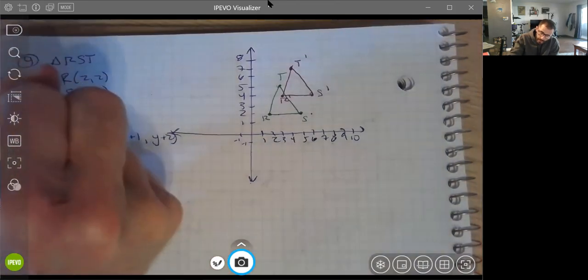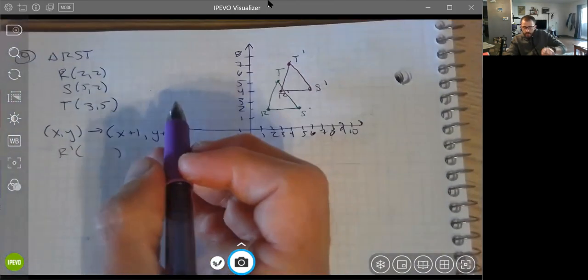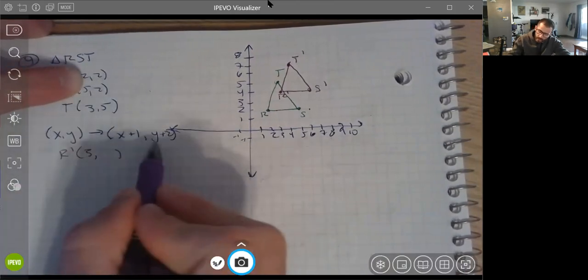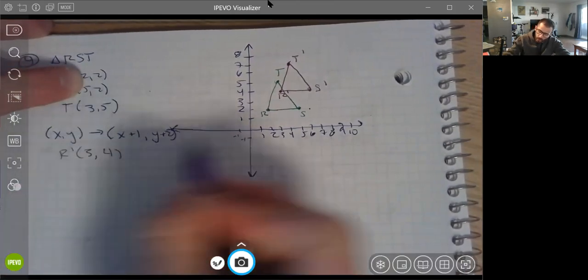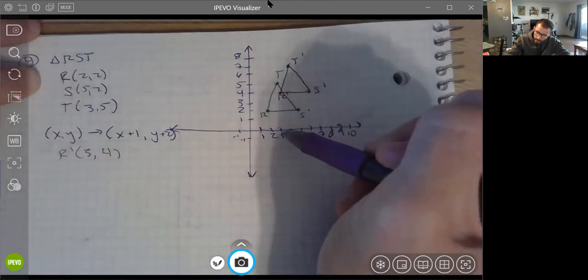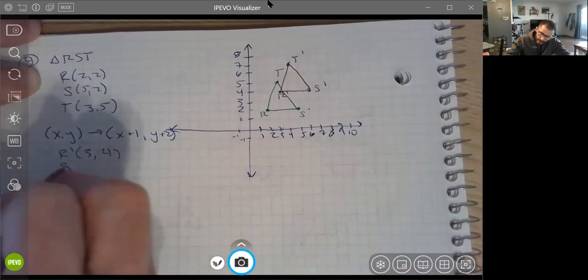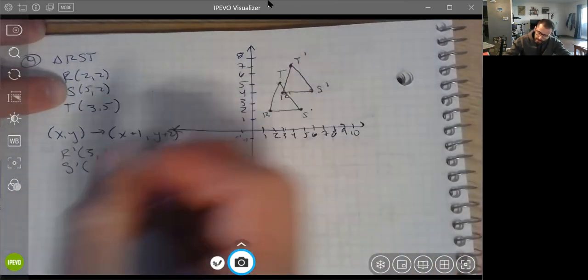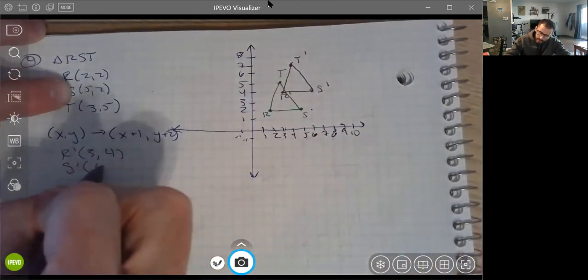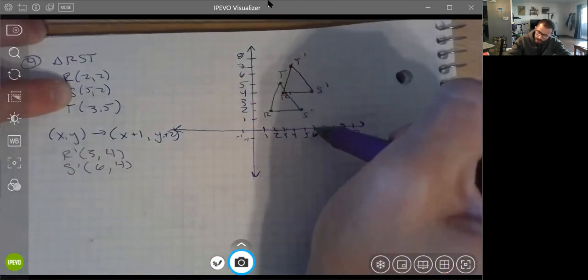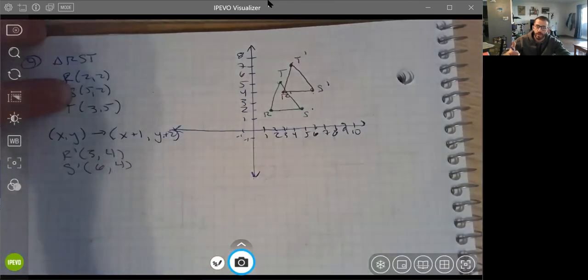We got R prime as, let's see if you did it before graphing, X plus 1, 2 plus 1 is 3, 2 plus 2 is 4. Is that what it turned out to be? 3, 4. Awesome. S prime. 5 plus 1 is 6, and 2 plus 2 is 4. Is that what it turned out to be? 6, 4. Good job.